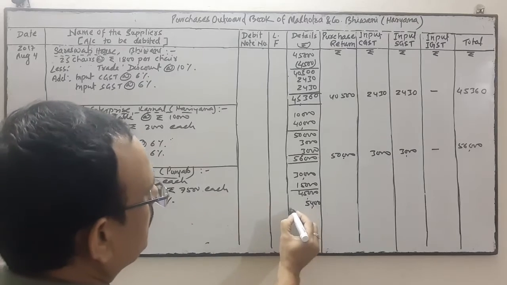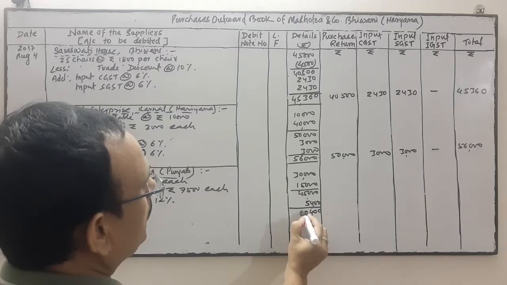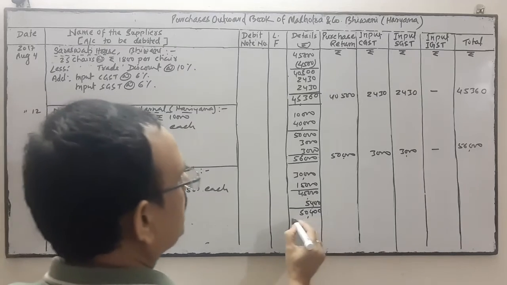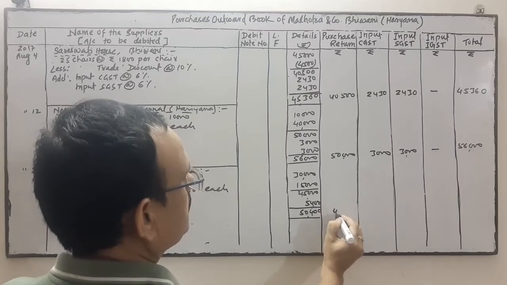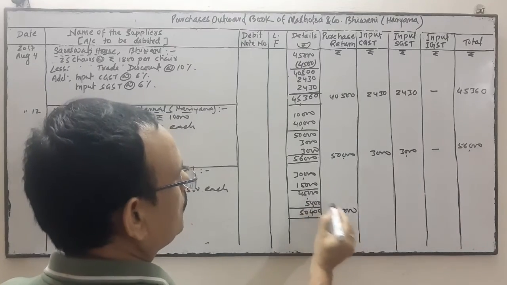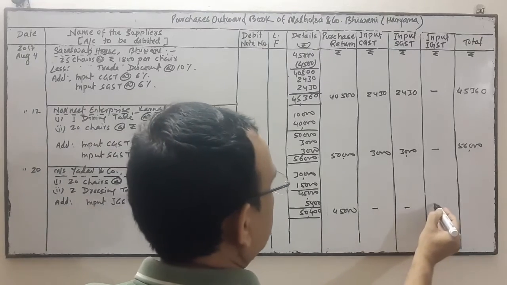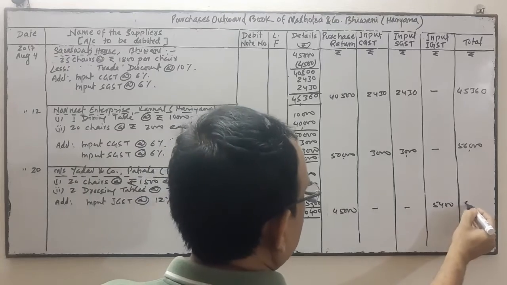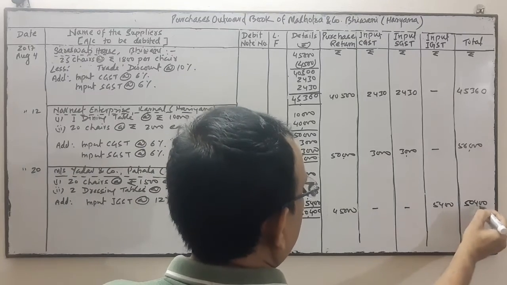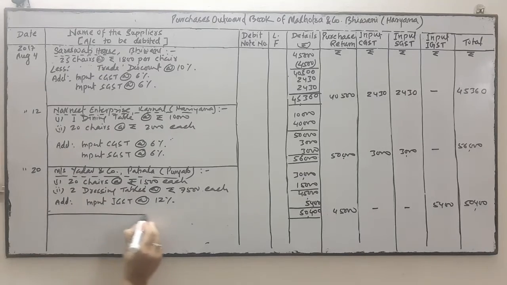You add it, so the total is 50,400. You write 45,000 in the purchase return column, dash here, and 5,400 in the input IGST. Total is 50,400. Now I'm going to block this area.